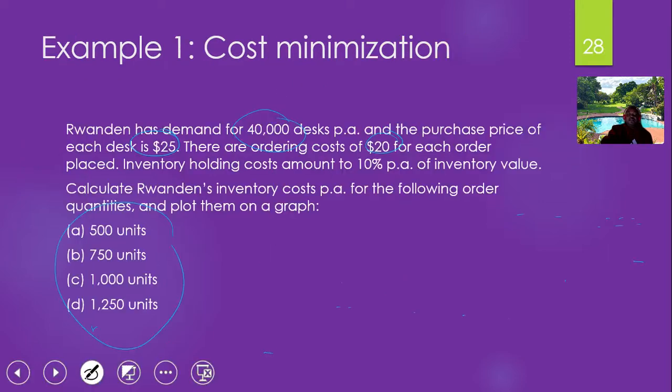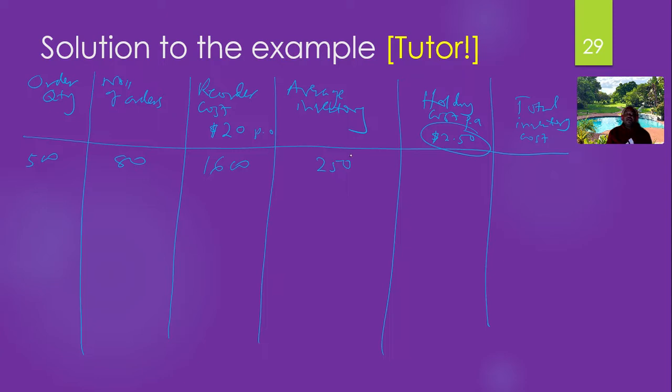Let me try to use my calculator here. 250 by 2.50, we get 625.